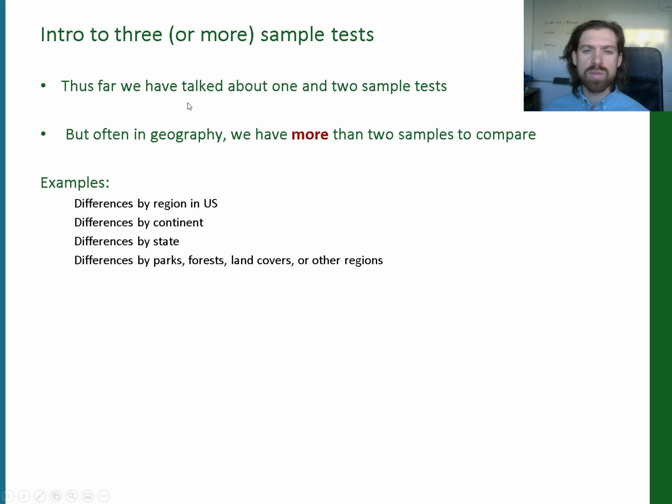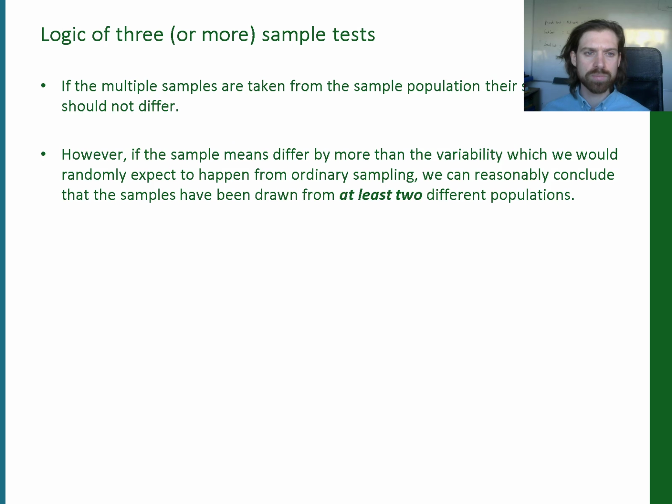First of all, we've talked about 1 and 2 sample tests in the previous lectures, but often we have more than 2. We might want to compare differences between regions, continents, states, or maybe we've taken samples from different parks, forests, or different types of land cover, and therefore we want to understand if they all come from the same population, or if they come from at least 2 different populations.